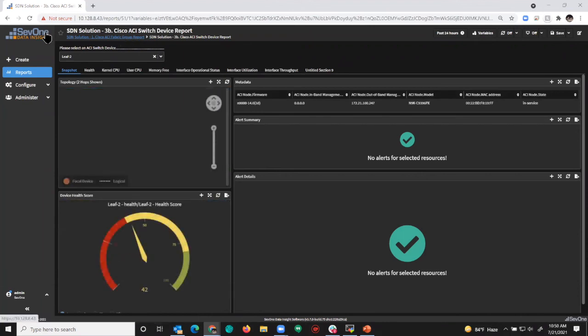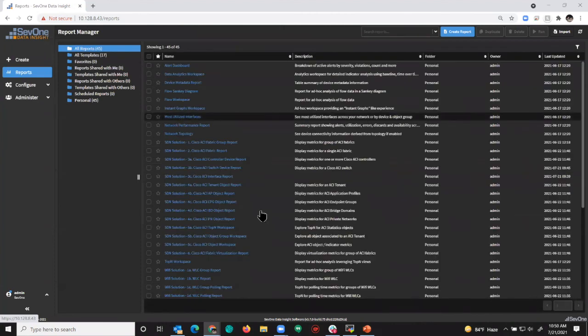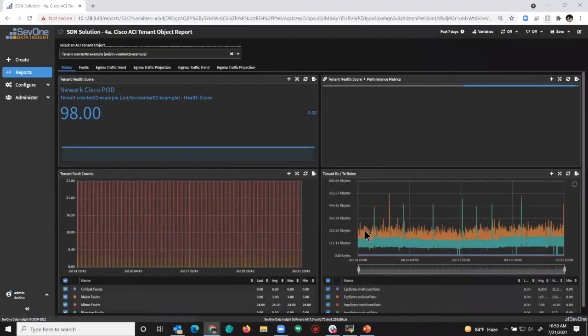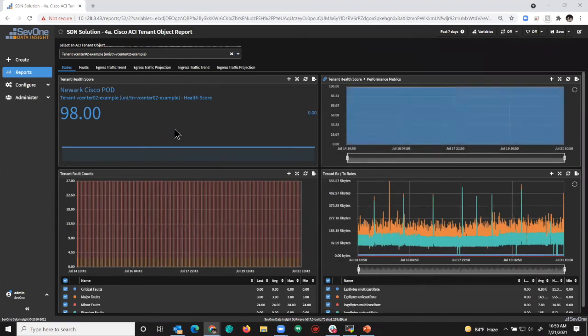I will end with, so we talked about switches and interfaces. Okay, so we'll start at the tenant and I'm going to stop here. From a tenant perspective, what do the software defined components have?